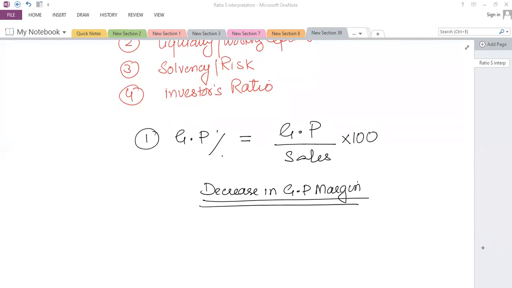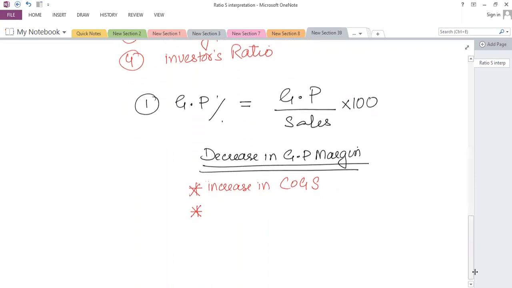So one of the reasons for a decrease in GP margin is an increase in cost of goods sold. Remember, this is the possible reason. We have to locate the reason in the question, right? But if limited information is there, then you can write that this is the possible reason.